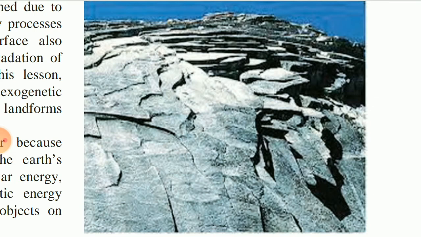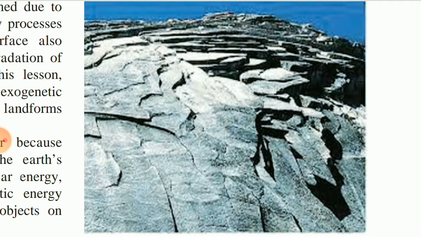It has been carried away by the wind, washed away by the rain, and because of the sun, the rocks get heated. At night, the rock gets cooled down. So during the day, it becomes hot. At night, it gets cooled.